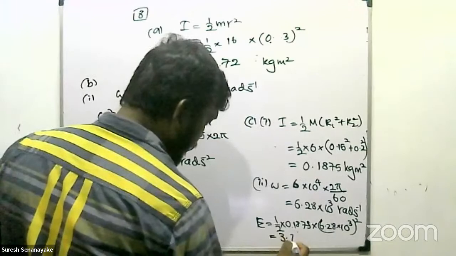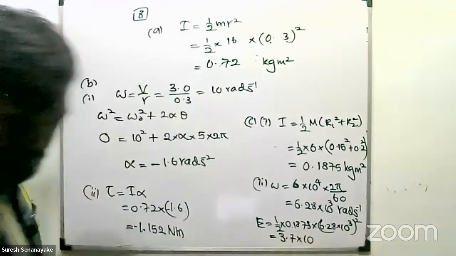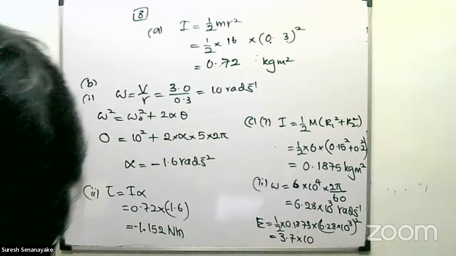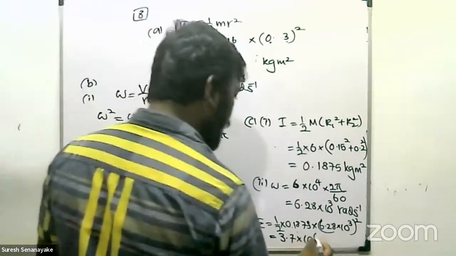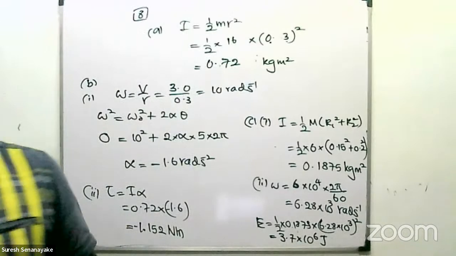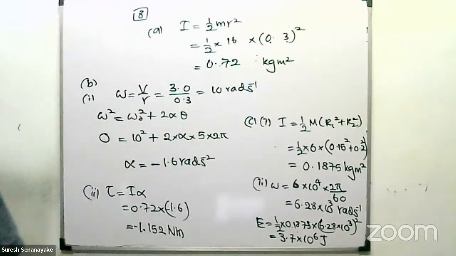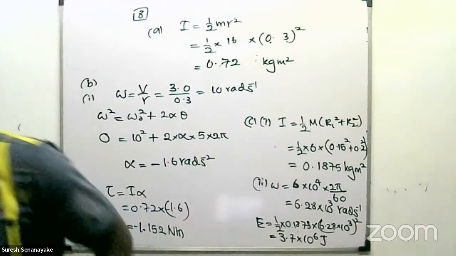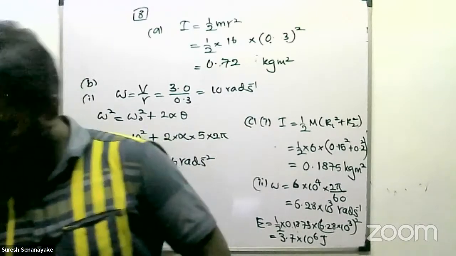So it is 3.7 into 10 to the 6 joules. Fine.